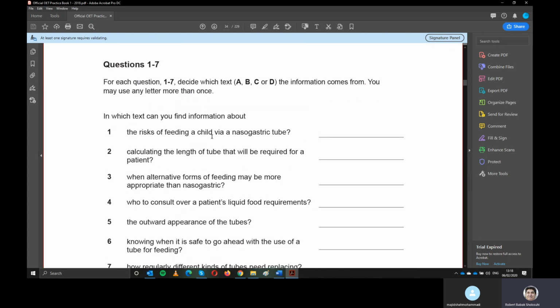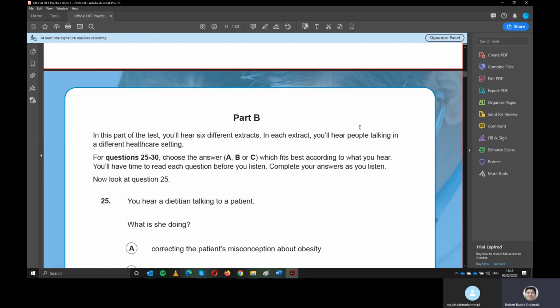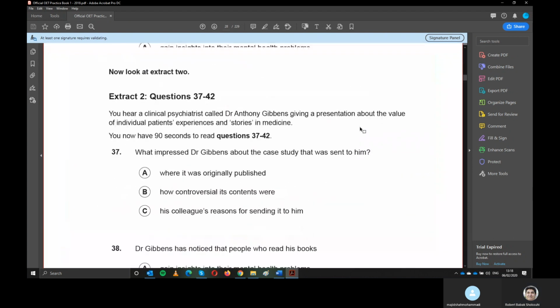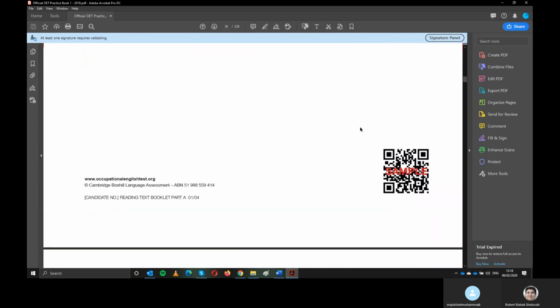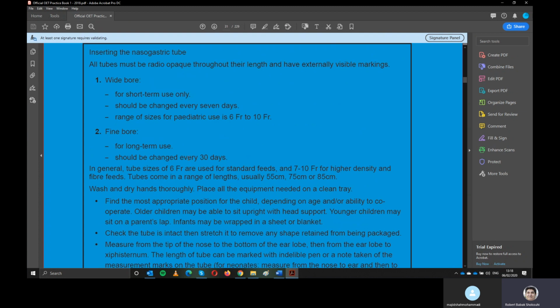Now, if you can remember more of these, calculating the length, you said we had this. B. Alternative forms of feeding is probably D? Or we can have a look to check and see if we have any. And this is the externally visible markings.